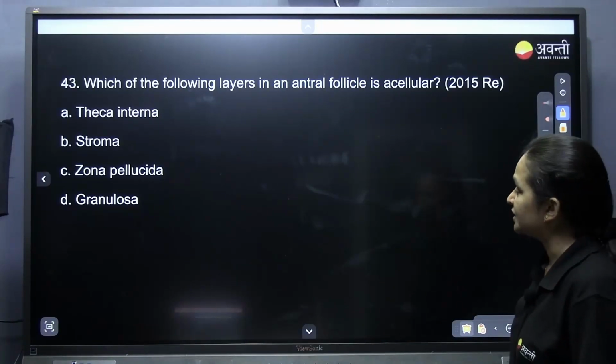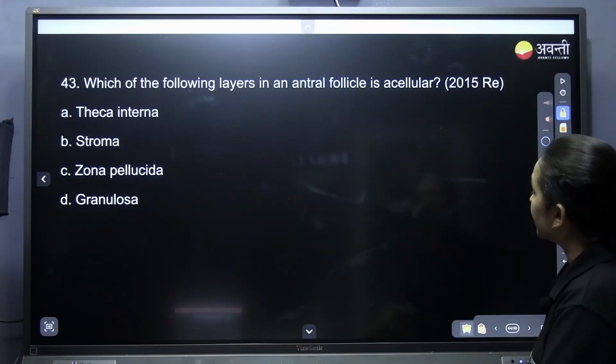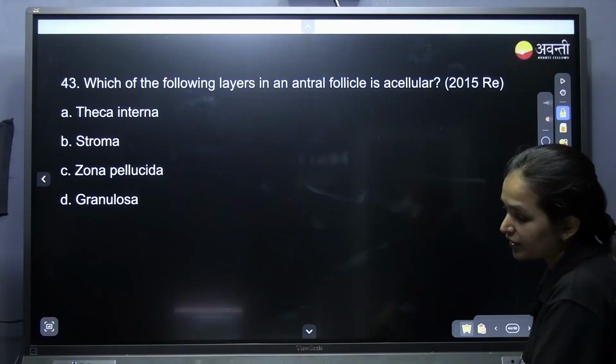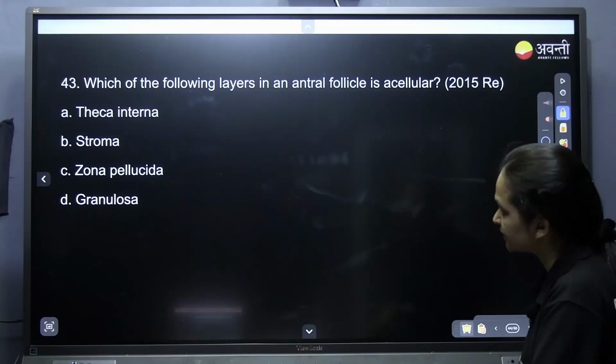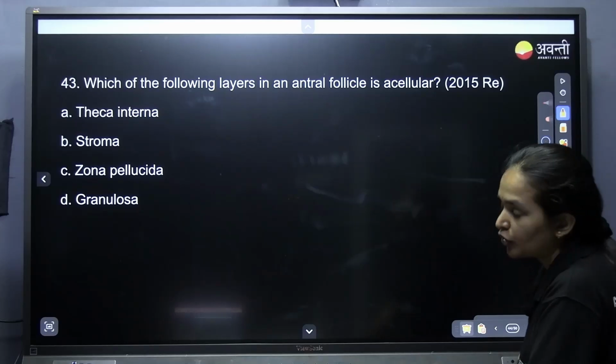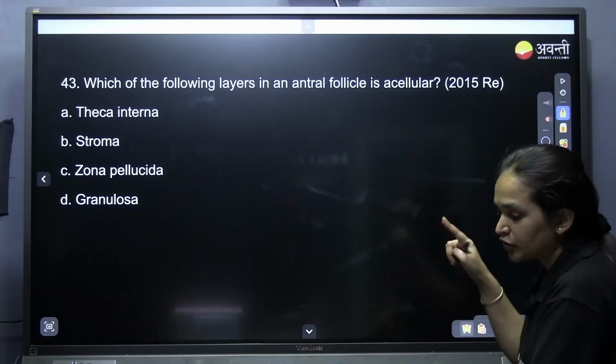Which of the following layers in an antral follicle is acellular? Which is acellular? All the follicular cells, we call them cells, right? So they are definitely cellular. Now the options are granulosa cells, theca interna, theca externa, or zona pellucida.